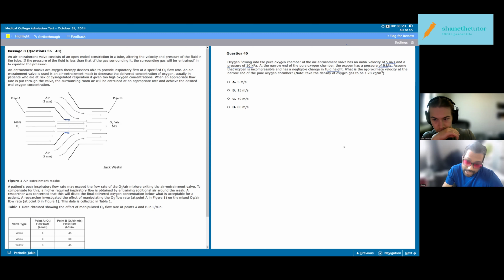And they're giving us the density of oxygen, so again that's a clue for Bernoulli, right? Do you remember Bernoulli's equation? Yeah, P1 plus density times gh plus half density times v squared equals the same thing, but at point 2.